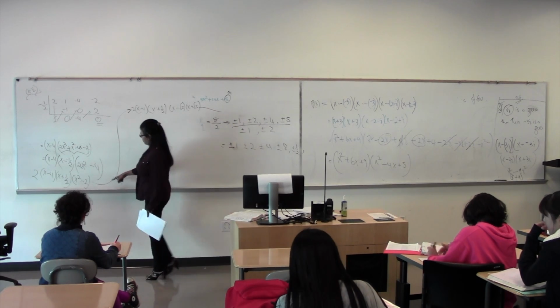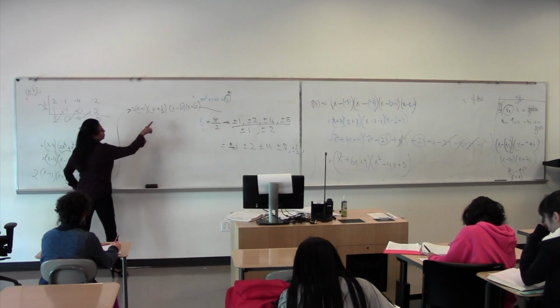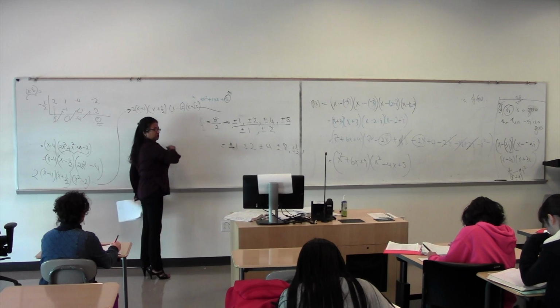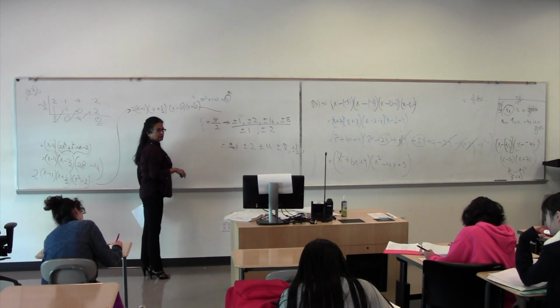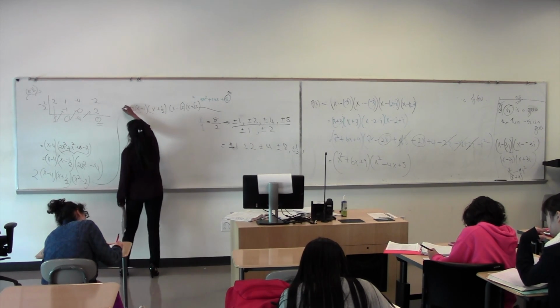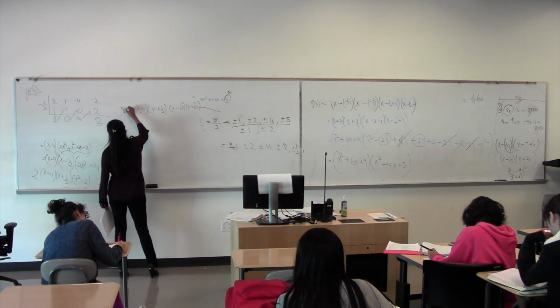If you do the quadratic formula for this, you get minus square root of 2 and plus square root of 2 as zeros, okay? So this is P of x in factored form.